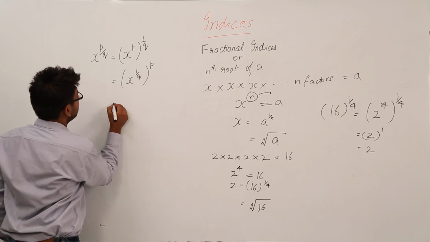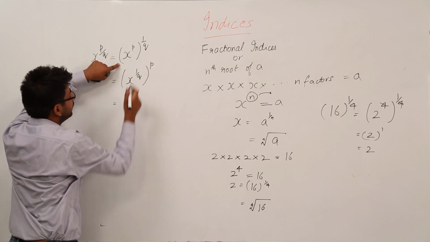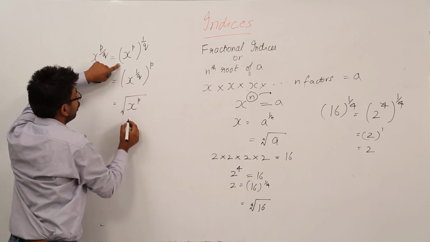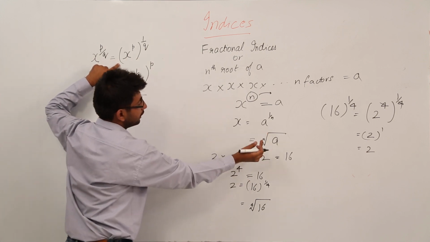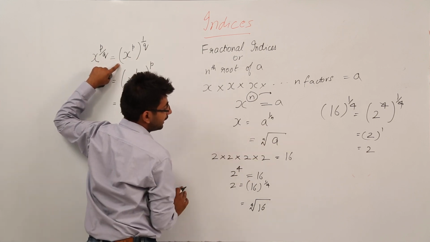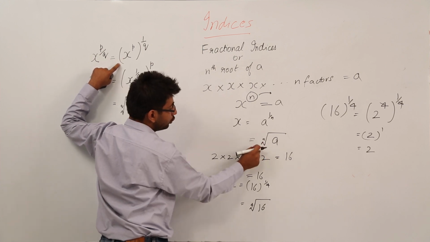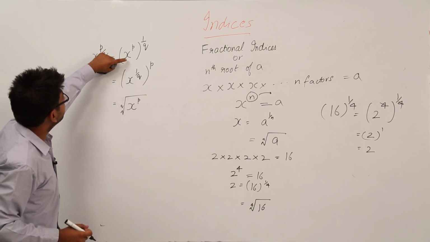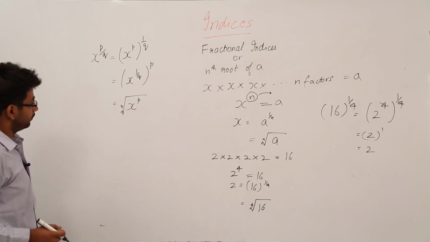This means this statement can be written as x raised to power p with the root of degree q. Referring to this statement, base raised to power 1 by n can be written as the root of degree n with the base inside it. Therefore we have written the base inside our root with degree q.